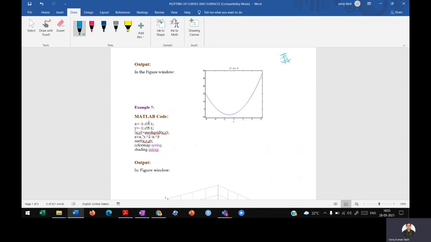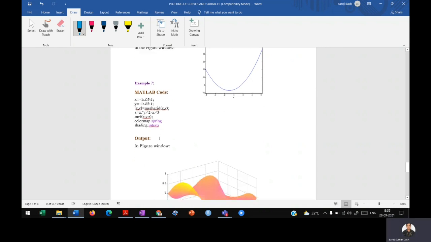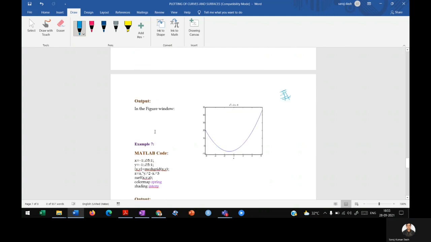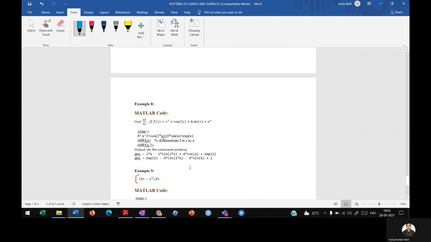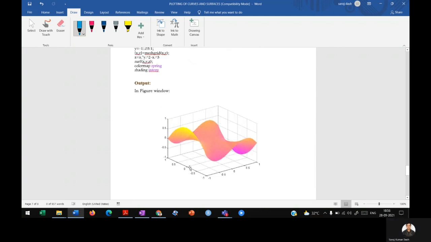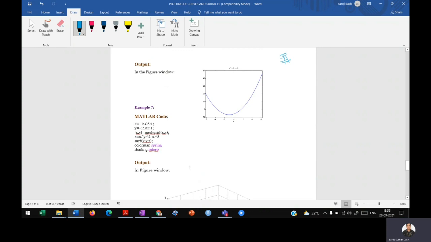Otherwise it will go in matrix form, which is very complicated and sometimes not possible. So now you use the surf command for x, y, z, and colormap we have taken spring, and setting shading interp. When you use this, it will plot this. That much for today's lecture, and hope you understand.